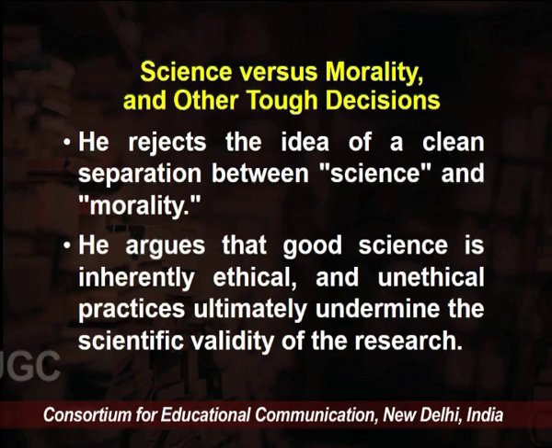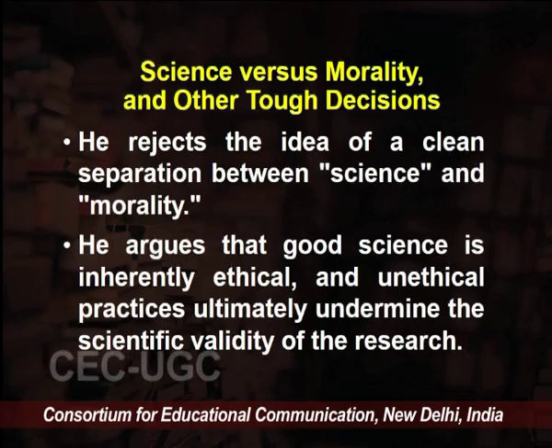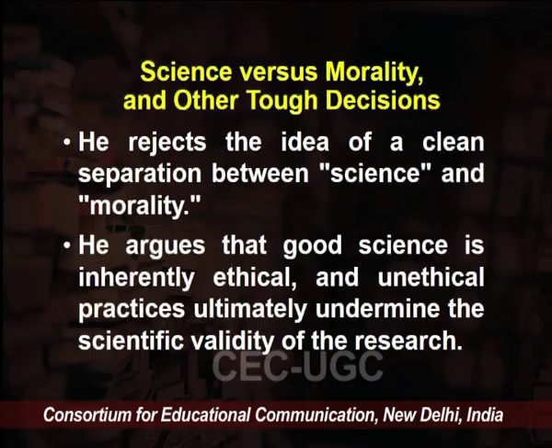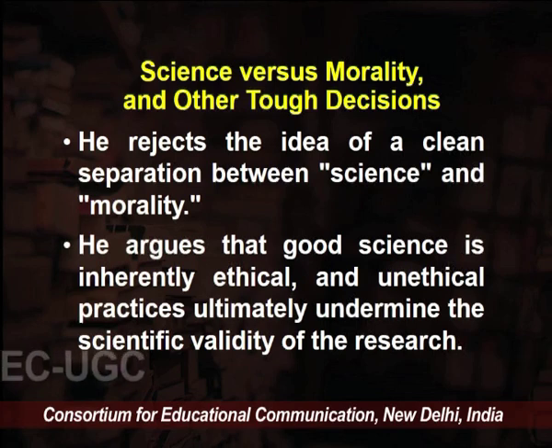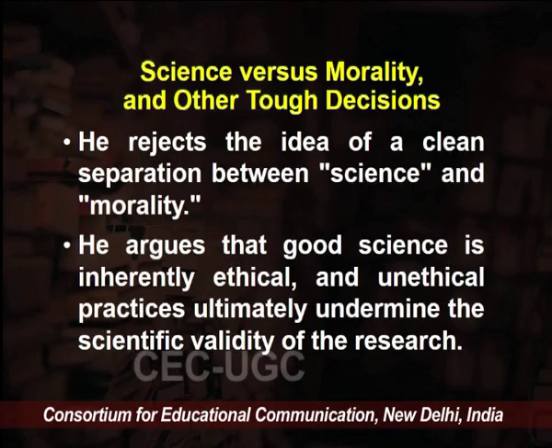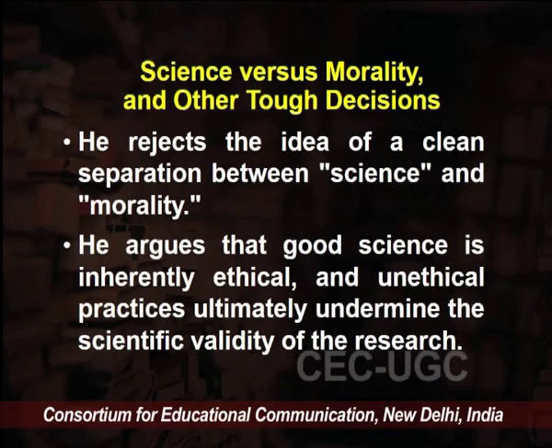He rejects the idea of a clean separation between science and morality. He argues that good science is inherently ethical and unethical practices ultimately undermine the scientific validity of the research.